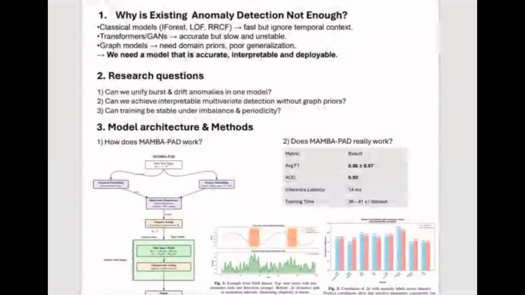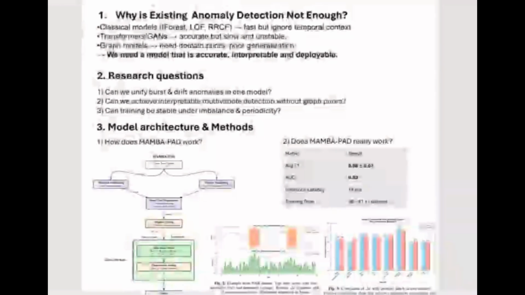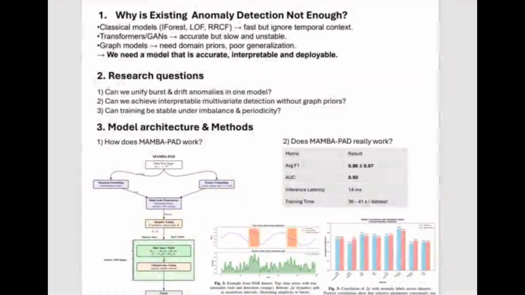Classical detectors like iForest, LOF, or RRCF are efficient but cannot capture temporal dynamics. Transformer or GAN-based models are quite accurate, but computationally expensive and unstable in deployment. And thirdly, graph-based methods require prior relational knowledge, so they don't generalize across domains. That means we need a model that is accurate, interpretable, and deployable.